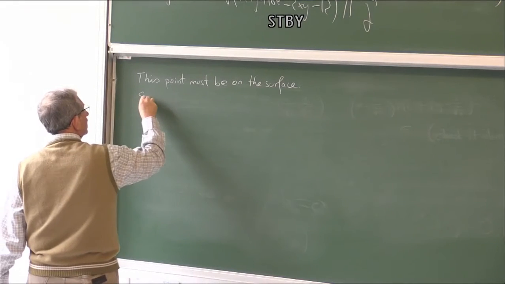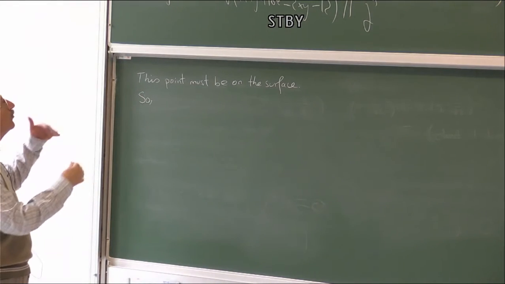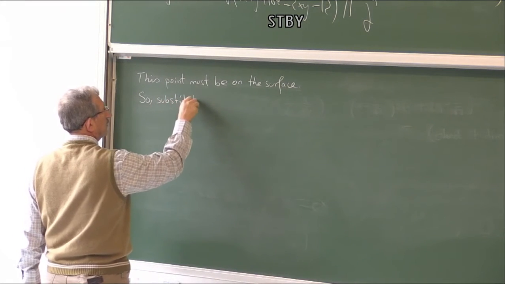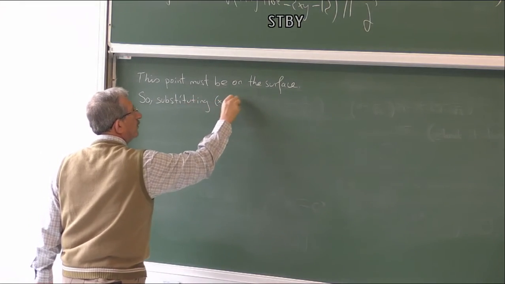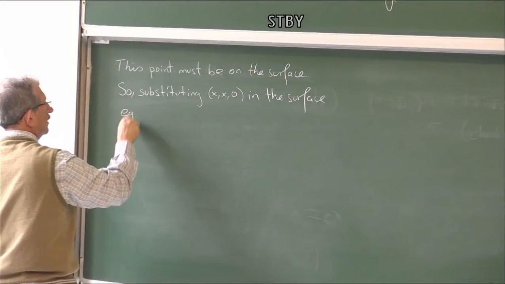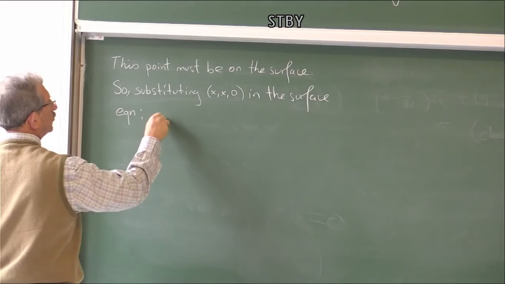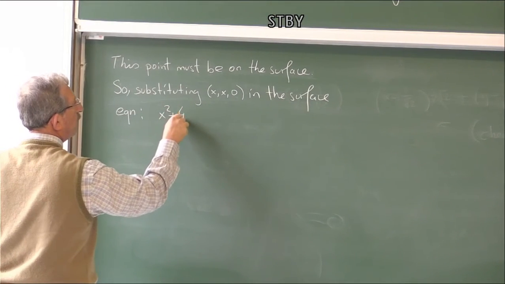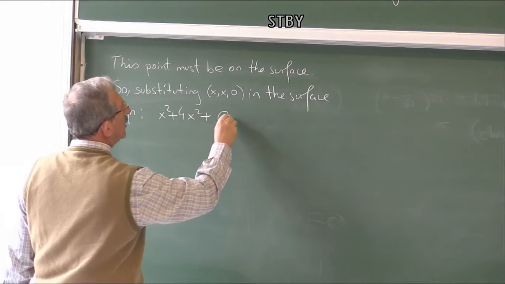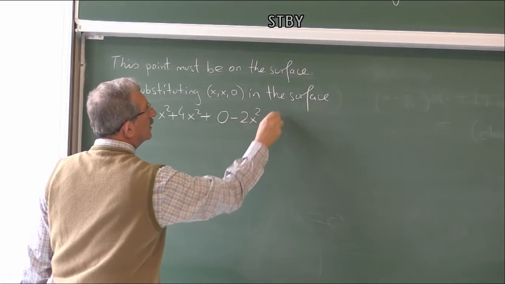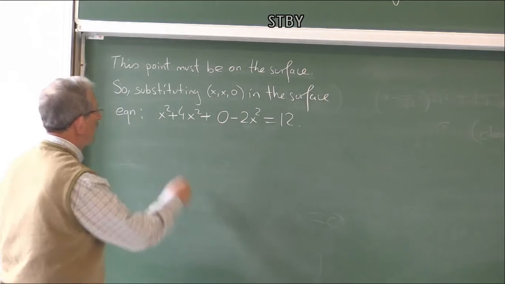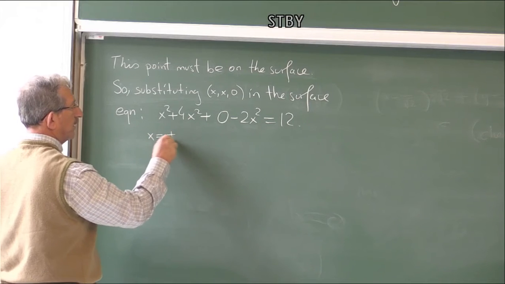This means that, putting the point in the equation, that is, substituting x, x, 0 in the surface equation, we get x squared plus 4x squared, x is the same as y, plus z is 0, minus 2x squared is 12, which says that you have 3x squared, so x is plus minus 2.